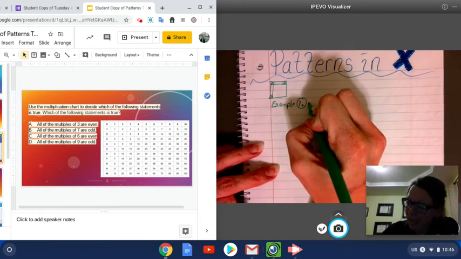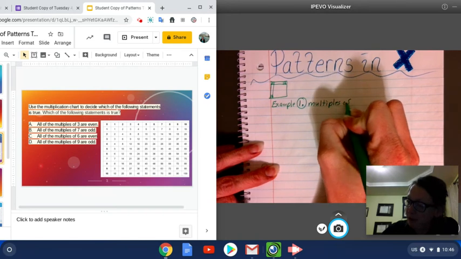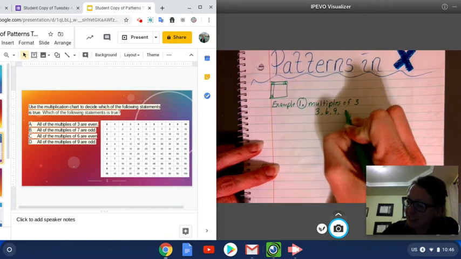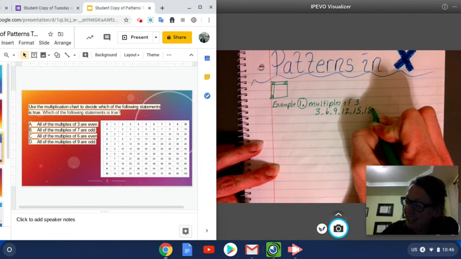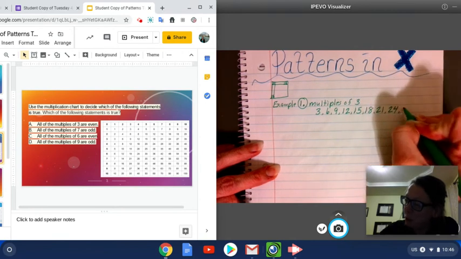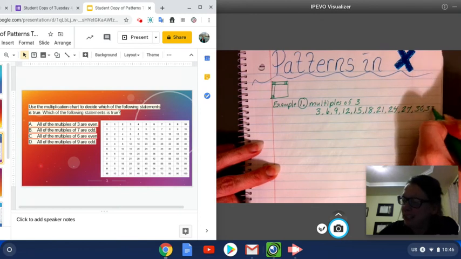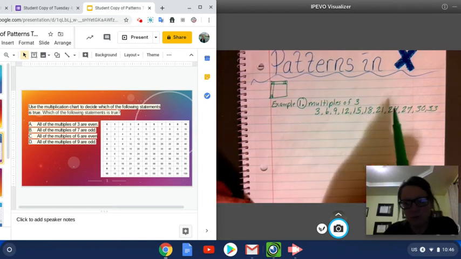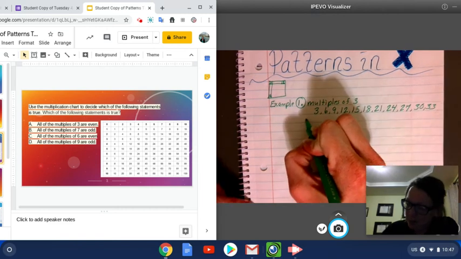If we look at multiples of 3, it'd be 3, 6, 9, 12, 15, 18, 21, 24, 27, 30, and 33. Well, A says that these are all even. Are these even? No.